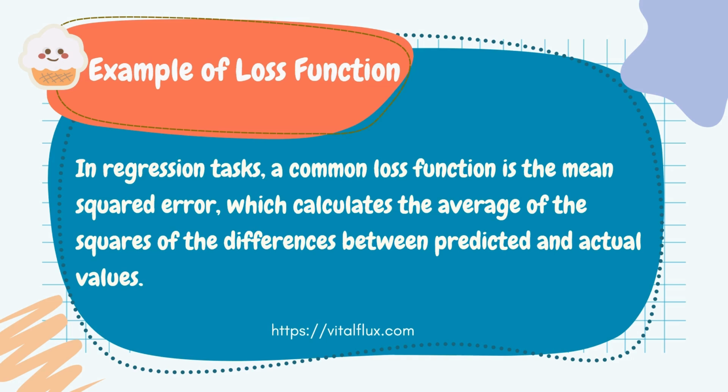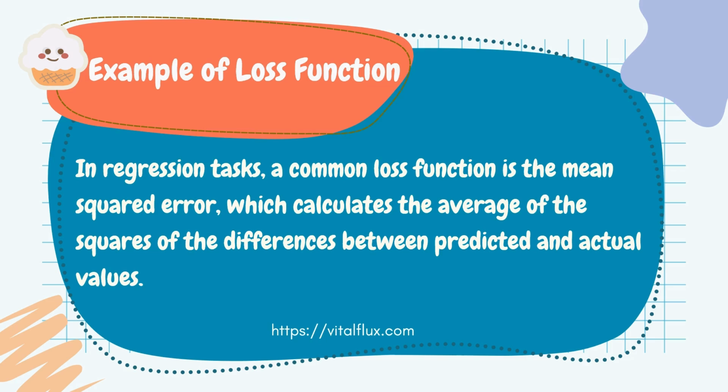Let's take a look at an example of a loss function. As we know, in the regression task, a common loss function is mean squared error, which is nothing but the average of squares of the difference between the predicted and actual values.